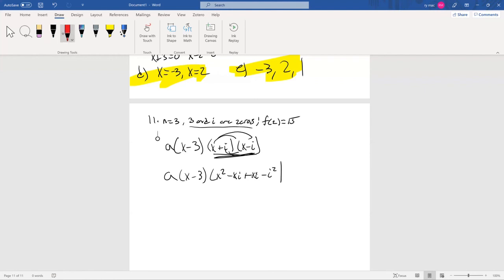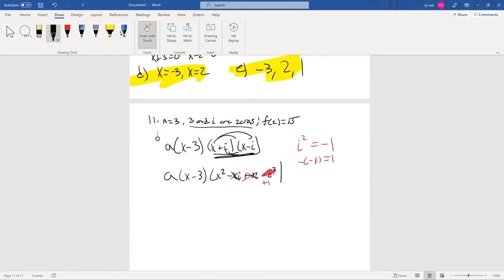So we have a minus xi and a plus xi, so that can cancel. And then our i squared is equal to -1. And then the negative of -1 is equal to 1. So we can actually replace this with a positive 1.